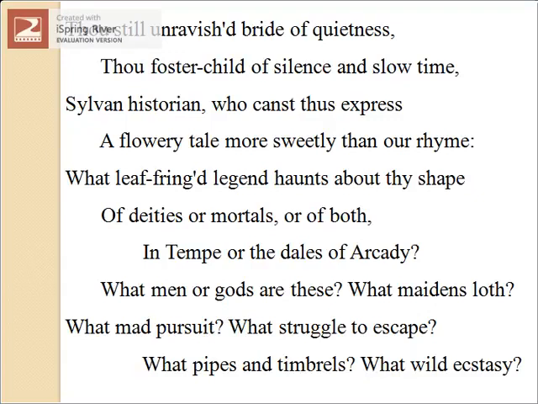So the urn is here personified, like a bride, somebody who has come in the role of a bride, which means the most beautiful day in the life of a woman. And this urn is compared with a bride, an unravished bride, meaning still untouched. The glory of the Grecian urn is not diminished.